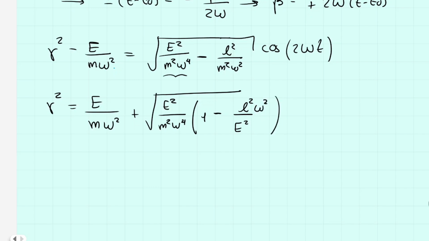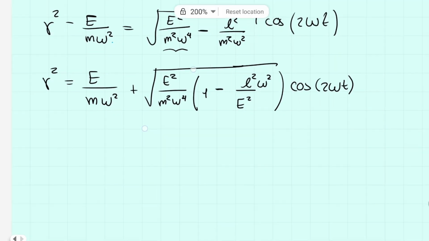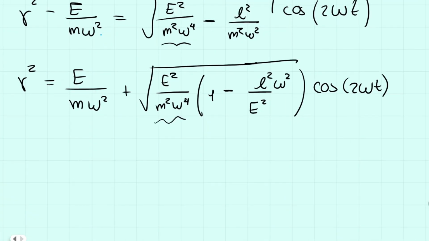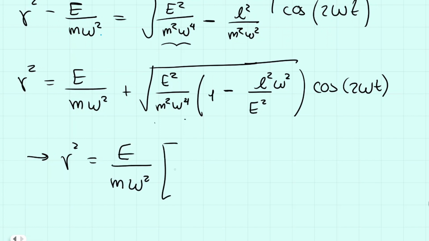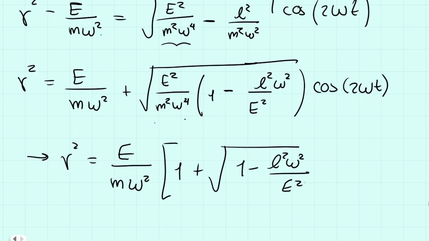Okay, and this multiplies cosine of 2 omega t. Again, we can take the square root of this expression, and it's the same that we have here, so we are going to write it as a common factor. So we get that r squared is equal to E over m omega squared times 1 plus the square root of 1 minus L squared omega squared over E squared times cosine of 2 omega t.